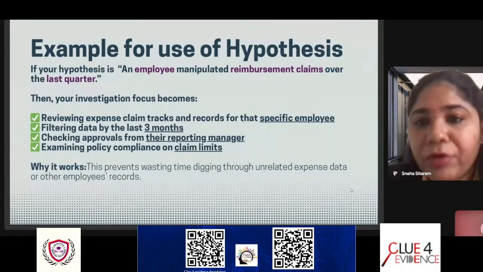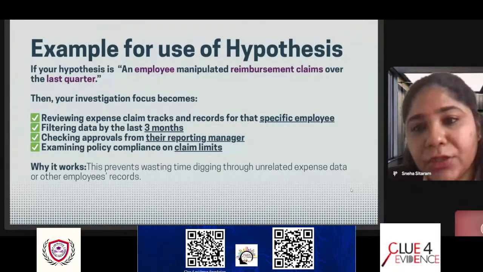There can be a lot of benefits apart from just dragging the investigation just to find out the right person, because time is more prevalent over here.